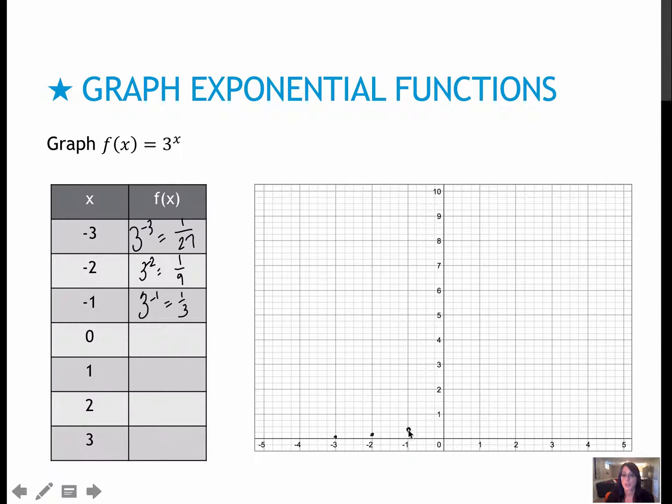Pretty small number still. Anything to the 0 power is 1. If I plug in a 1, that's 3 to the first, which is 3. So 1, 3. 3 squared is 9. And again, that last value is not going to work because it's going to be way off my graph. So it should look something like that.